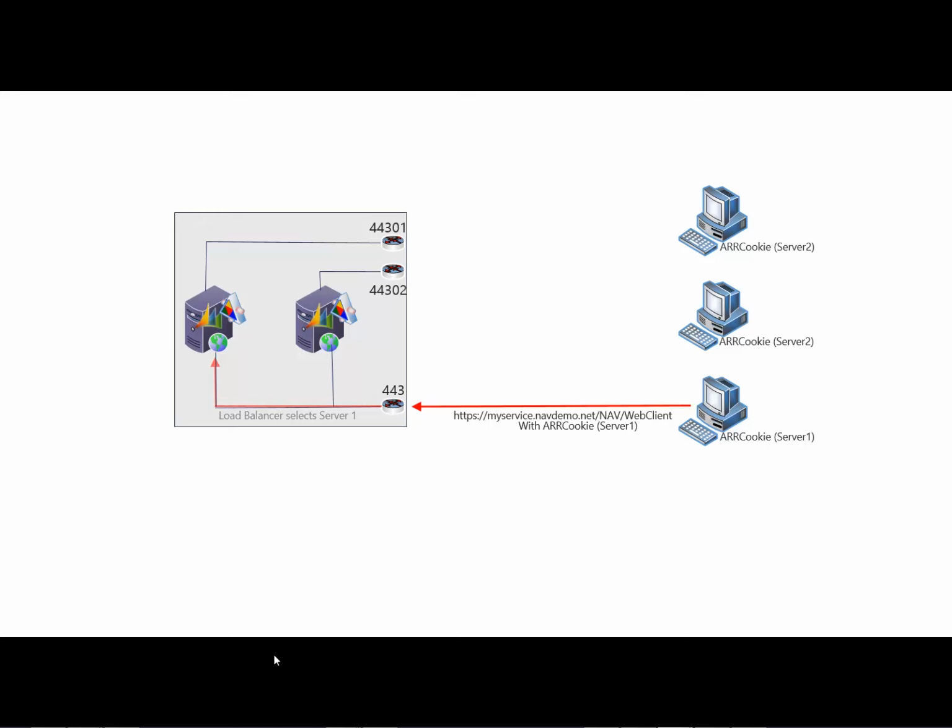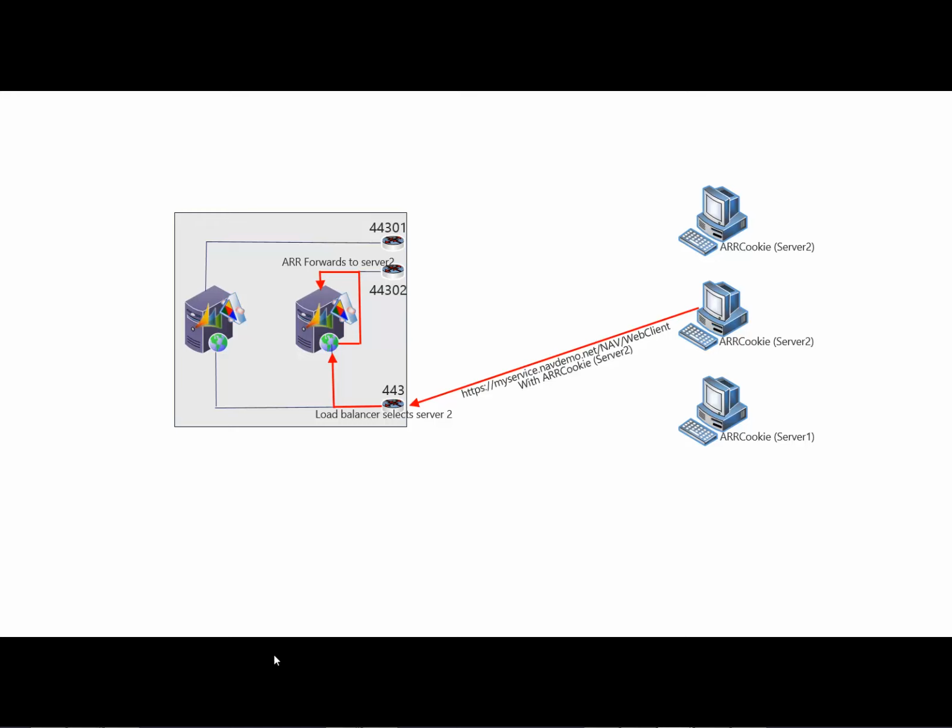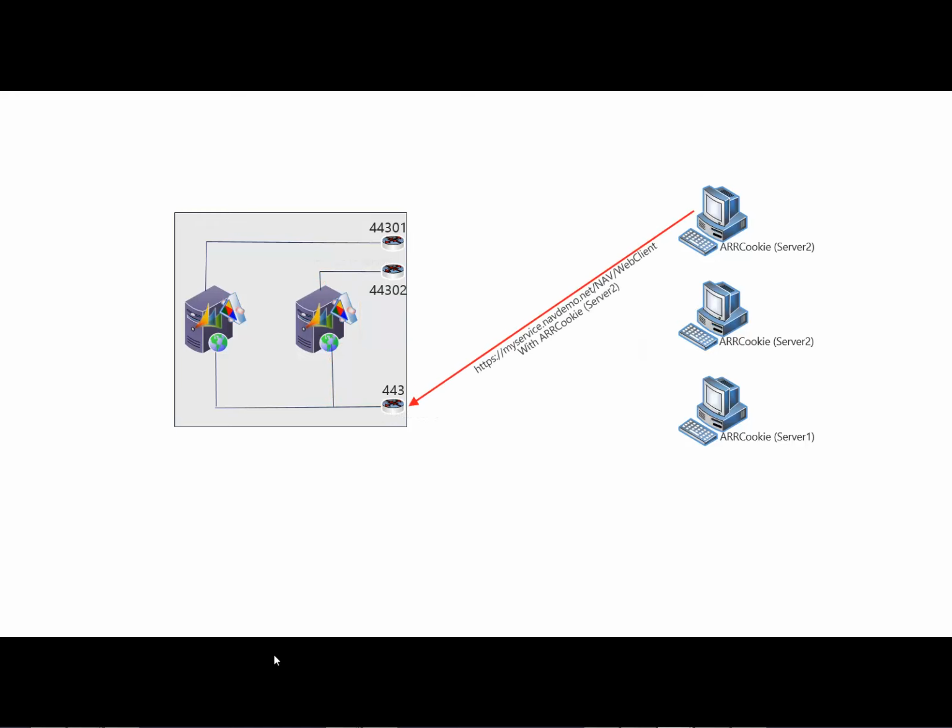So the flow will continue to run. The computers are going to connect to the same URL all the time, and they're going to be redirected to the server that they actually request in the cookie whenever connecting to the client. So it's going to look like this when they connect.